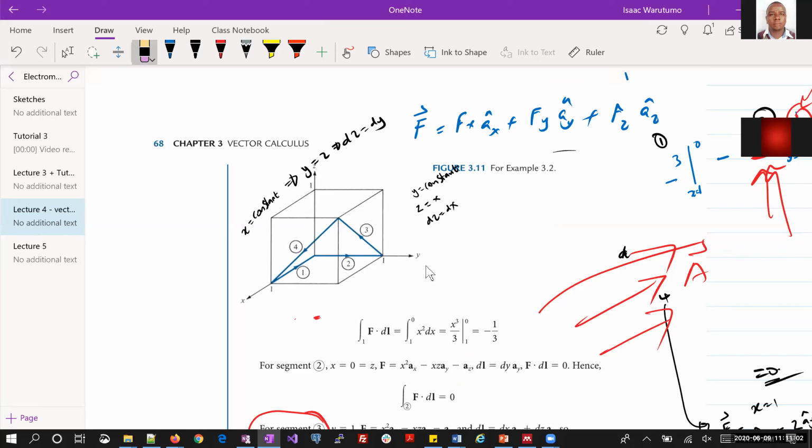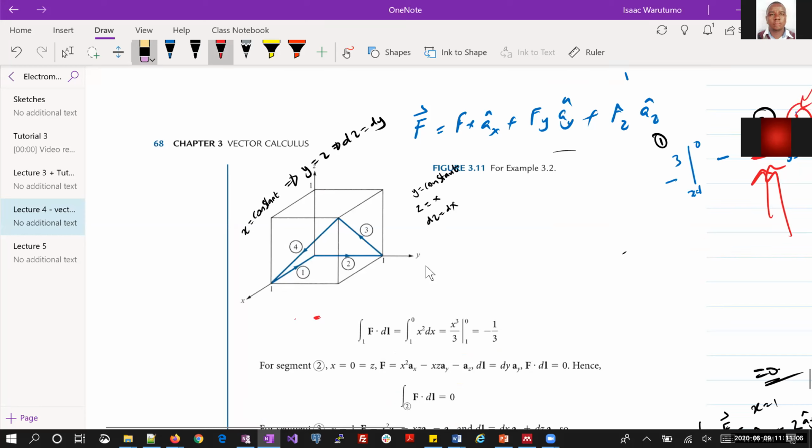I use arrows so that in case you cannot see my pen, you can always know the one I'm pointing at. So this is path 3.